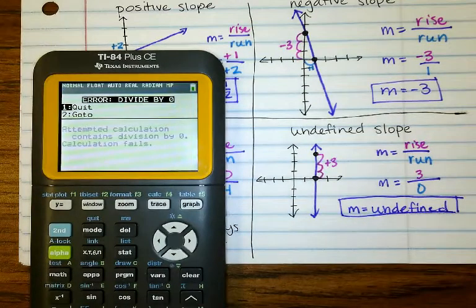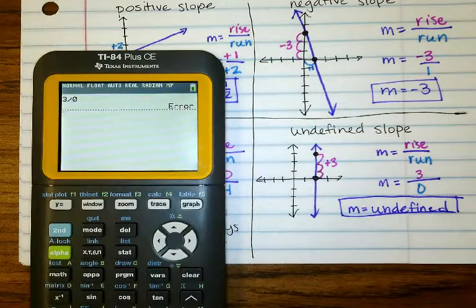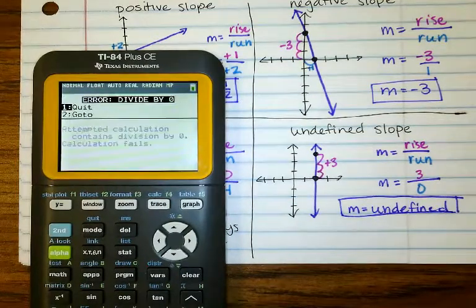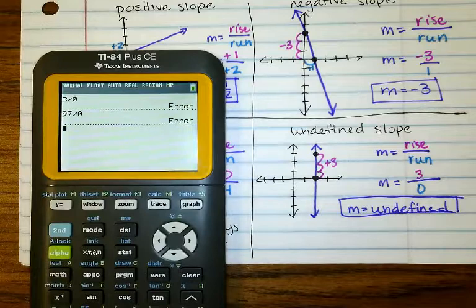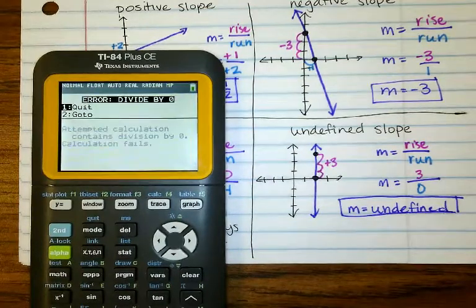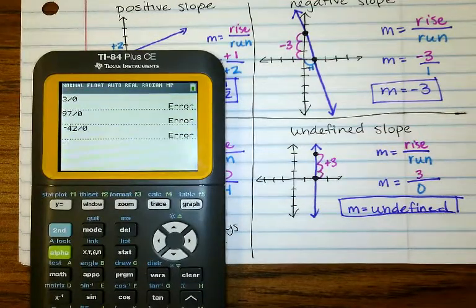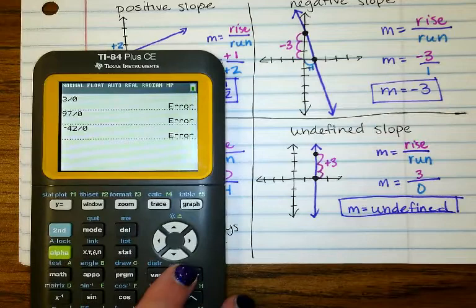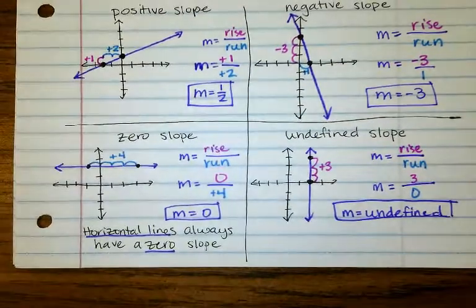If I do 97 divided by 0, error, divide by 0. If I do -42 divided by 0, error. You cannot divide by 0. It is mathematically impossible. So our slope is undefined.